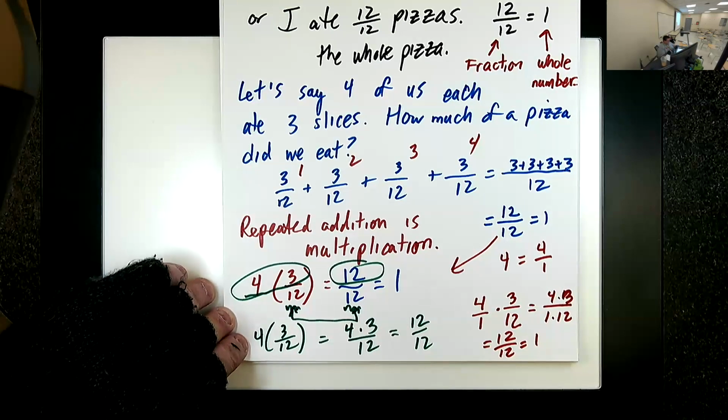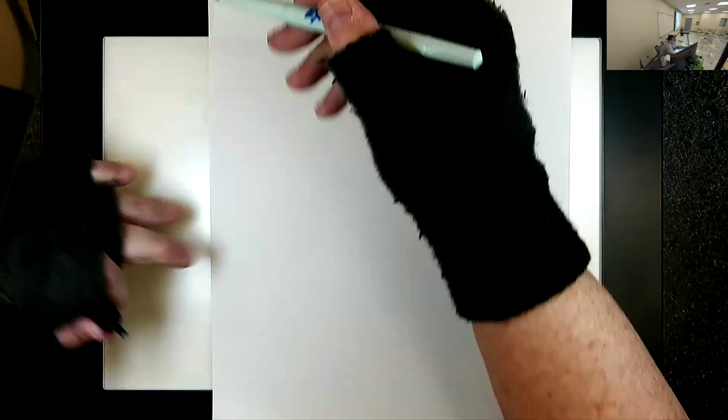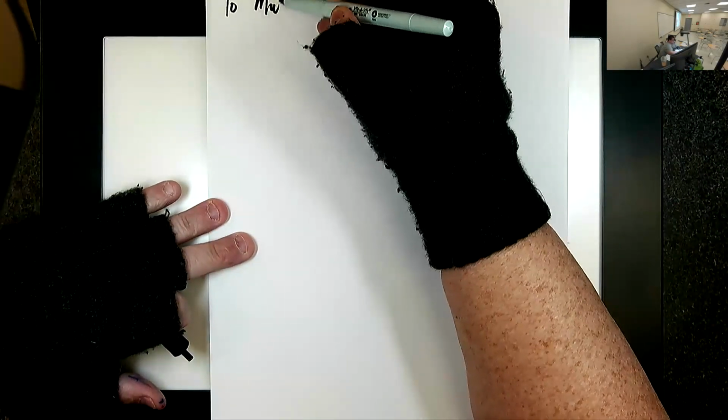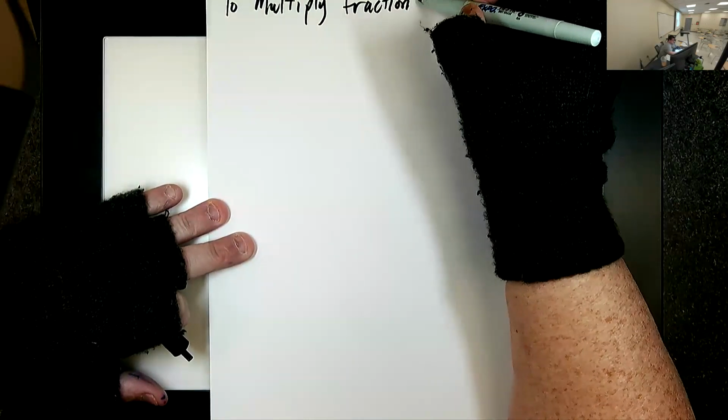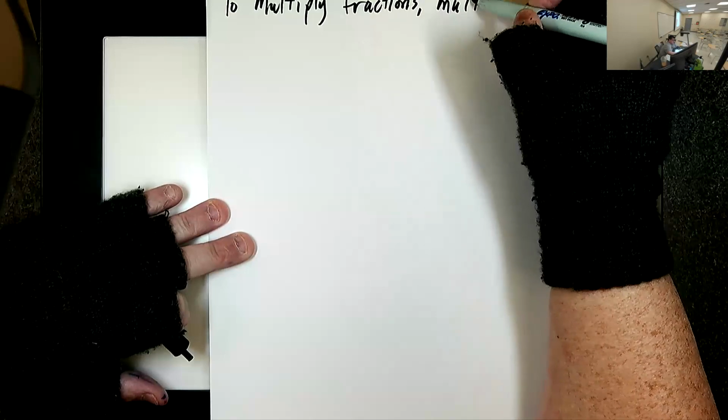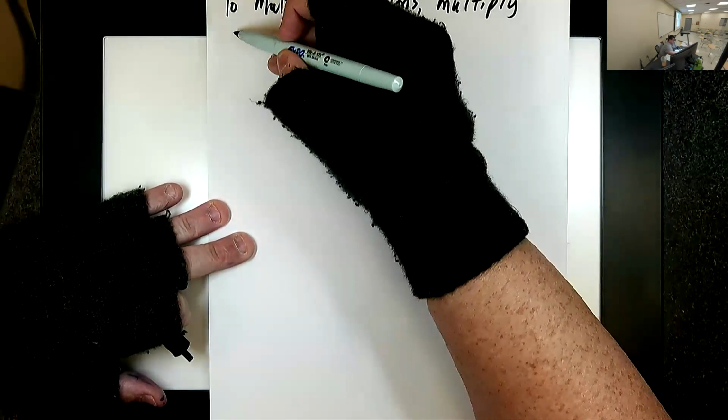All right, so multiplying fractions is multiply fractions. Multiply tops together and bottoms together separately.